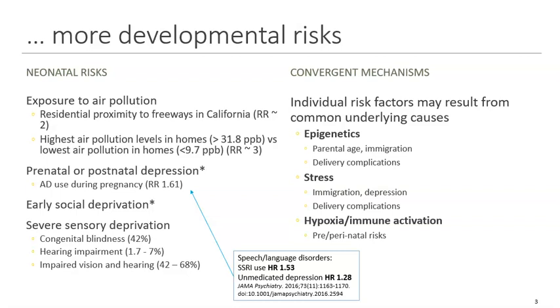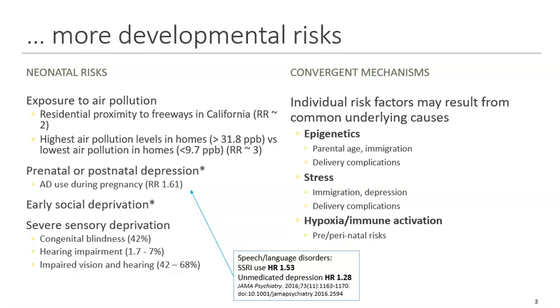And then we've got severe sensory deprivation, so congenital blindness, hearing impairment, and impaired vision and hearing can also be associated with an increased risk for ASD. And then in convergent mechanisms, individual risk factors may result from common underlying causes. So again, epigenetics, parental age and immigration can play a part.